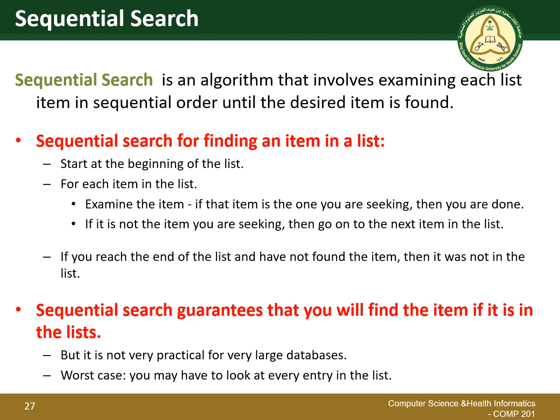These two steps are repeated at most the number of items. If you reach the end of the list and haven't found the item, then the item wasn't there. As we can see, it is a very simple algorithm and guarantees that you will find the item if it is there, but it is not practical, especially in large databases.